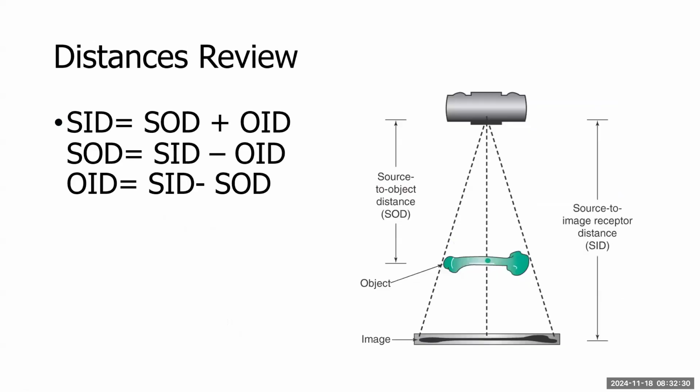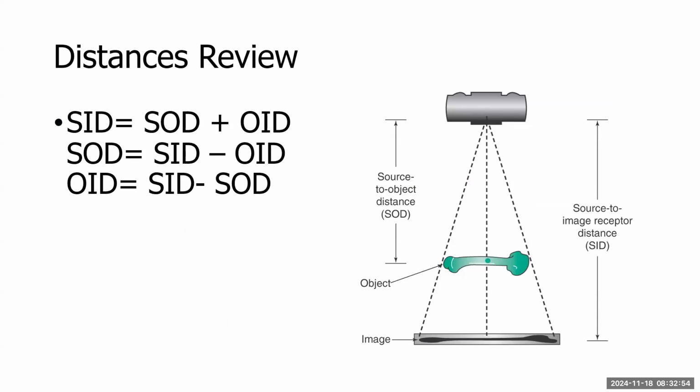And so this week in lab, you're going to do some activities where we're going to shoot some images, but we're also going to do some activities where you're just purely looking at shadows of objects to see what's happening to the shadow of the object as you increase or decrease OID, as you increase or decrease SID, and how that affects magnification.